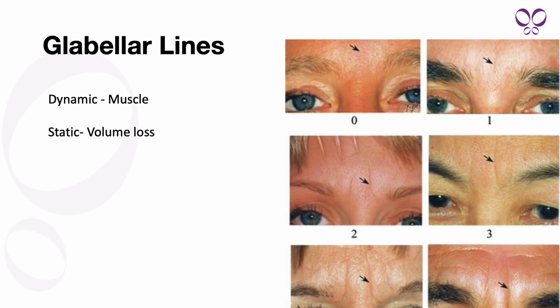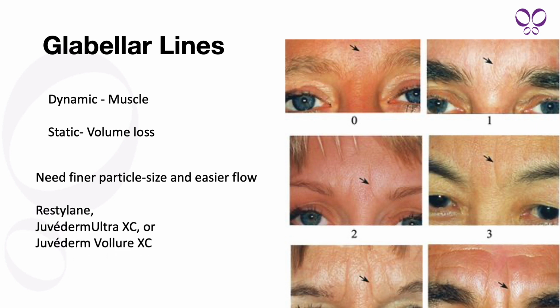Now, when you are doing filler for glabellar lines, you need to choose a finer particle size, which is easier to flow, because of the vascular nature of this region and the risk of vascular injury. So the filler options I prefer are Restylane or Juvederm Ultra XC or Juvederm Volift, which is easy to inject.